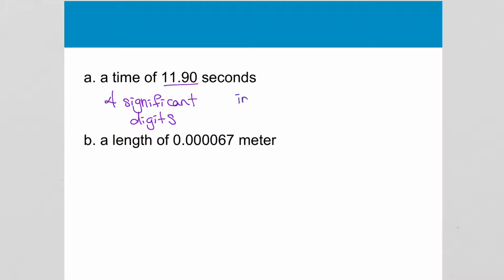And it implies a measurement to the nearest one hundredth of a second.